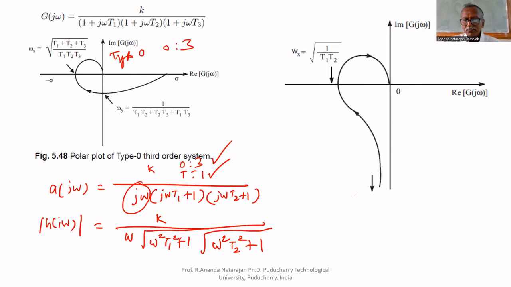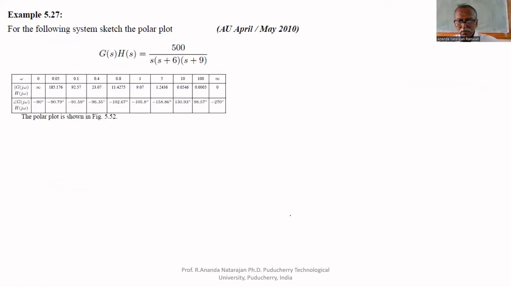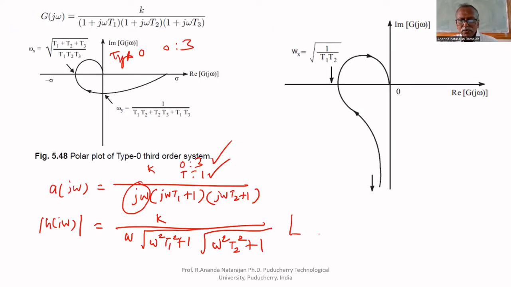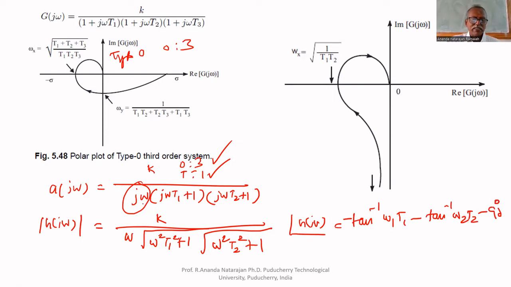Angle of G of j omega equals minus tan inverse of omega T1 minus tan inverse of omega T2 minus 90 degrees. For j omega it is minus 90 because the real part is 0: tan inverse of imaginary part divided by real part, and the real part is 0, that's why infinity. So j omega means minus 90.